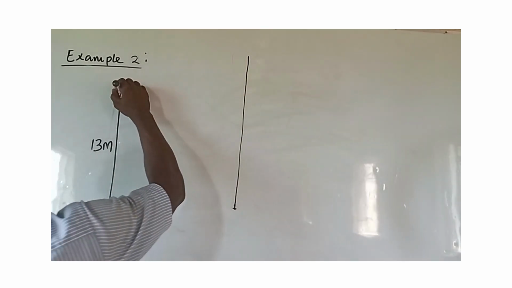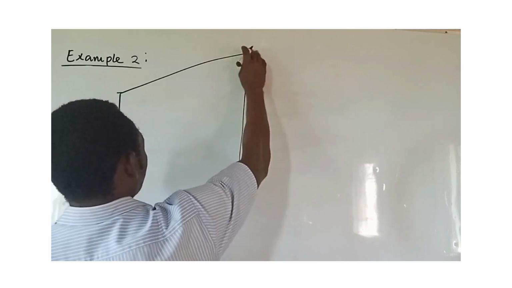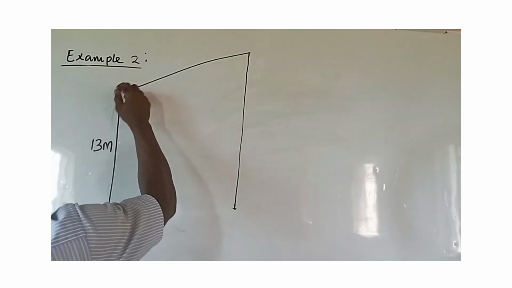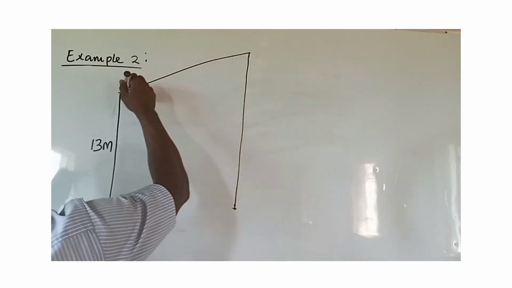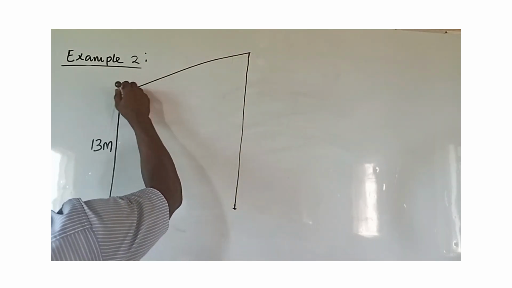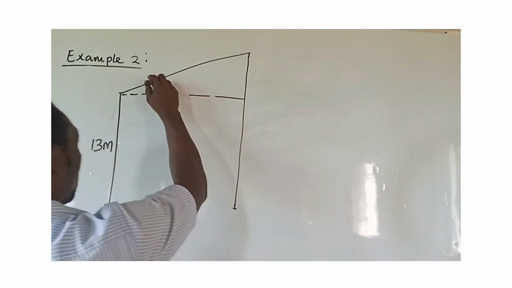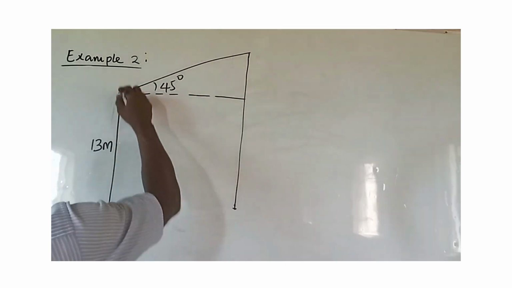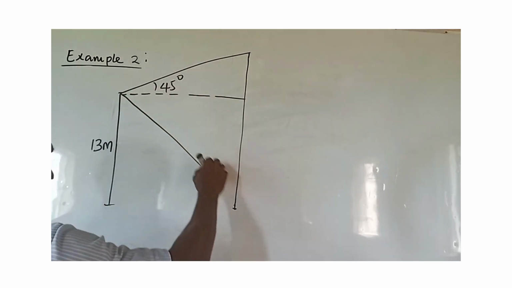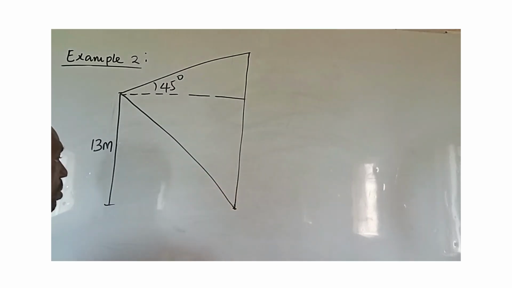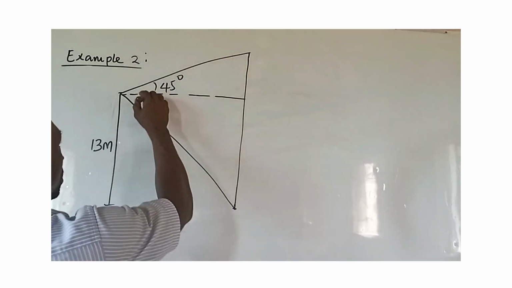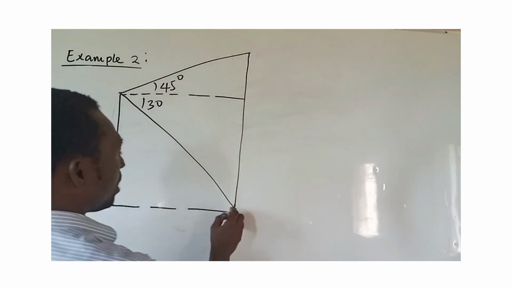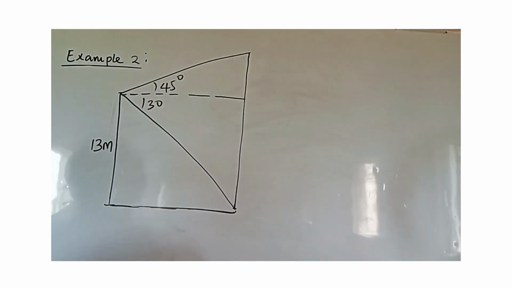Then the angle of elevation of the top of the first tree to the top of the second tree, taken to the horizontal, is 45 degrees, while the angle of depression from the top of the first tree to the bottom of the other tree is 30 degrees. If we complete the diagram, we have something like this.